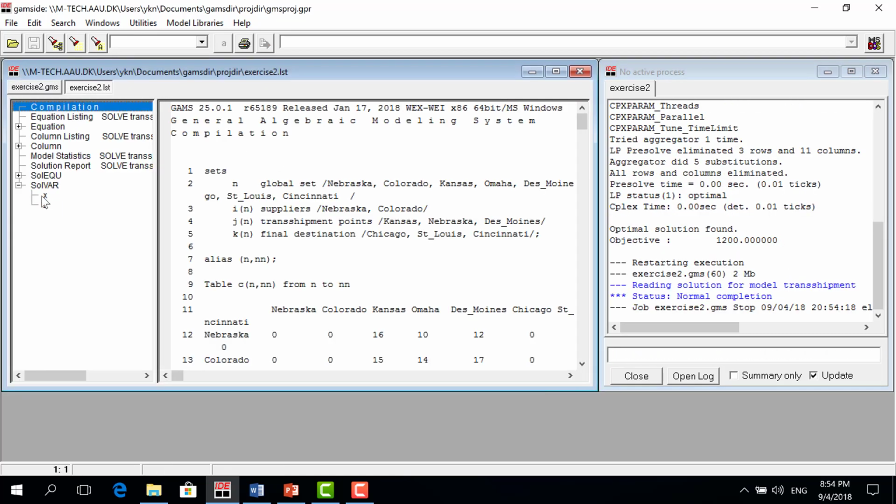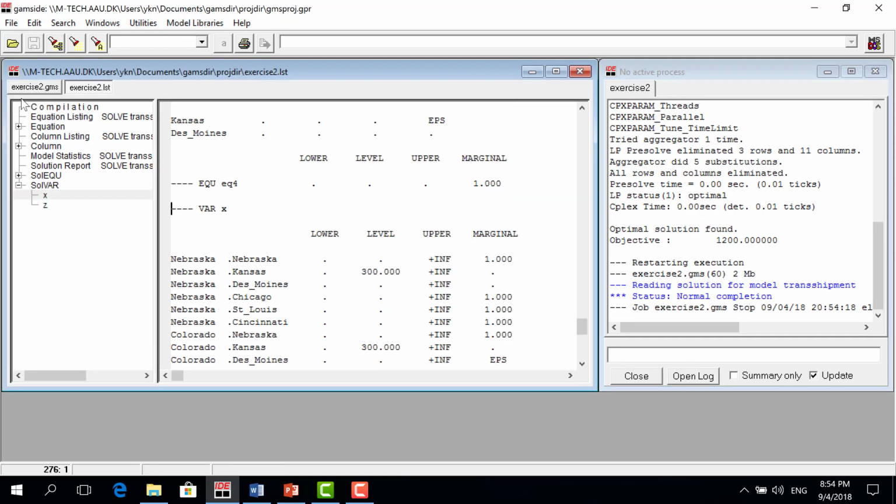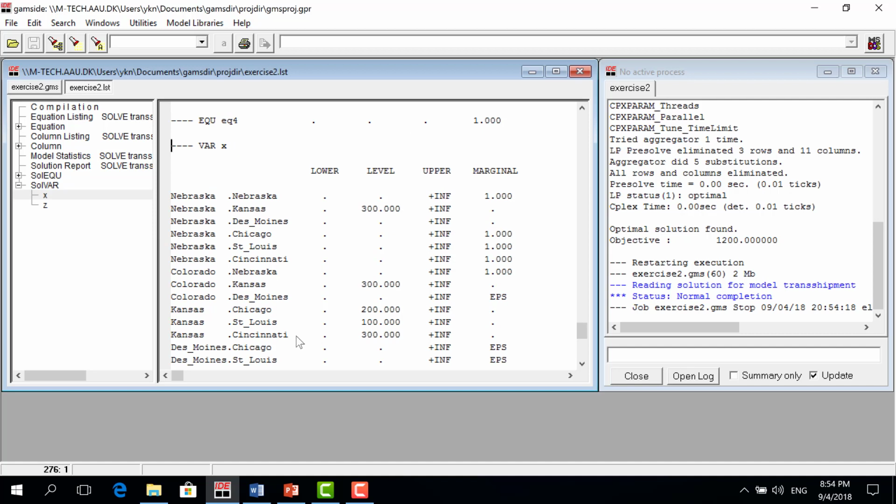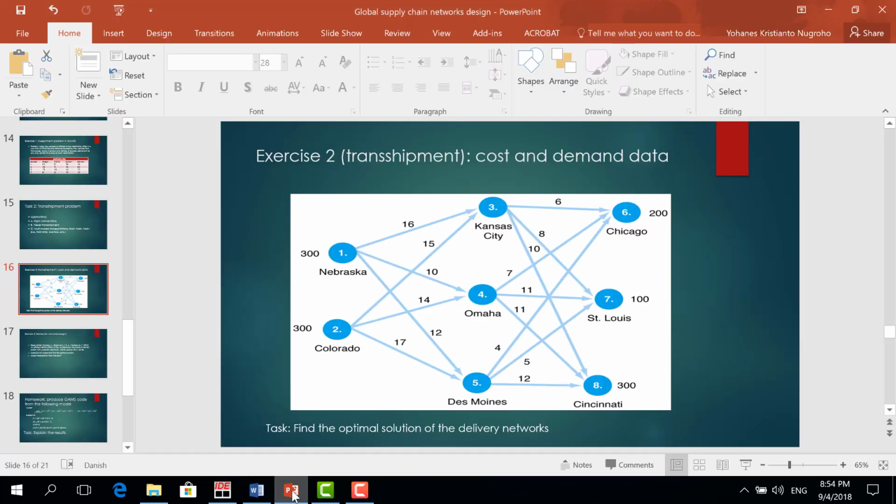Yes, now we have the solution and check whether it is feasible or not. Yeah, now we have Nebraska to Kansas, Colorado to Kansas, Kansas to all 3 destinations. And the topology of this configuration has been changed by eliminating Omaha and the small ones.